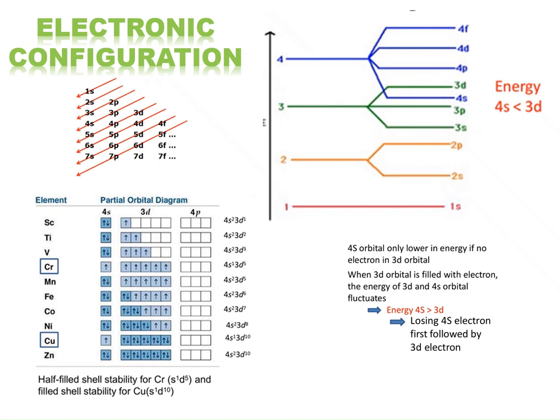So there will be a lot of sub-levels involved, and there is also a scenario where some of these electronic configurations will disobey the Aufbau principle. Technically, the writing of the electronic configuration will follow the Aufbau principle.